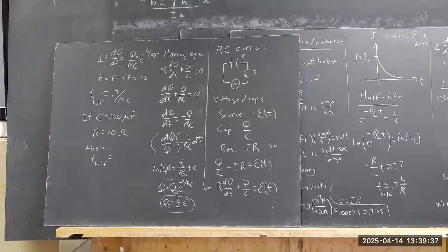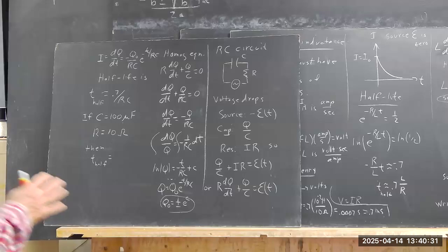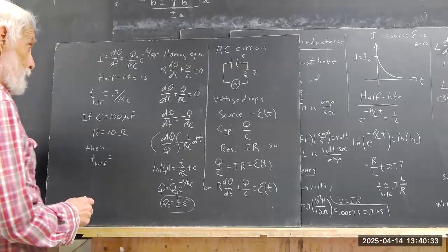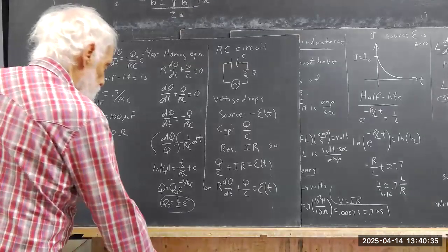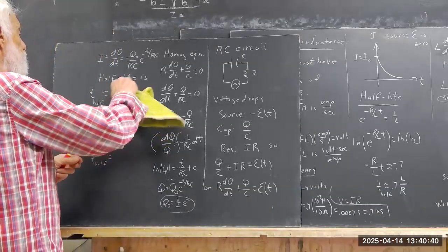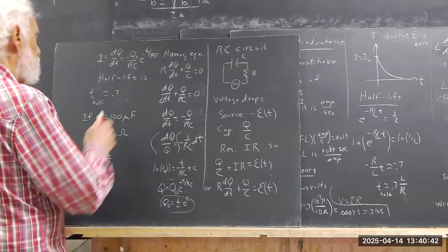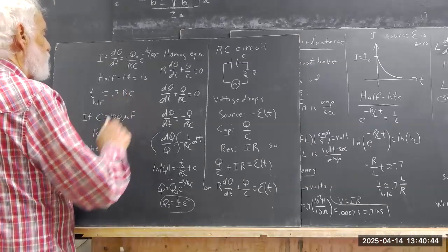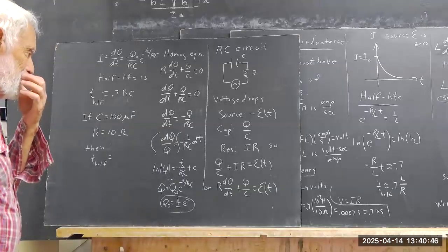Say, right, let me stop and think. Don't even ask. But it's not 0.7 over RC, it's 0.7 RC. Again, I did that too fast.